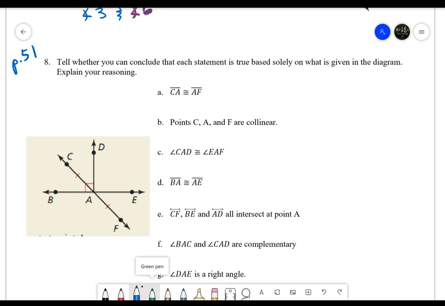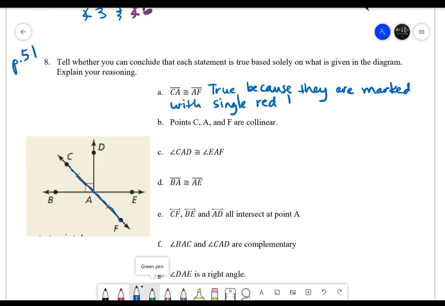So is CA congruent to AF? So CA is here and AF is here. And this is true because they both have those red hash marks. Single red, that's called a hash mark.